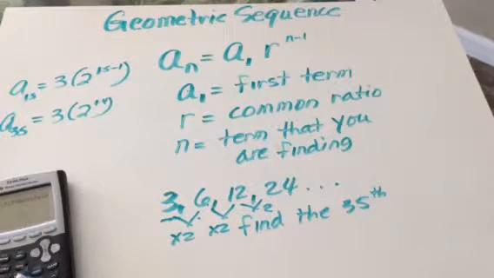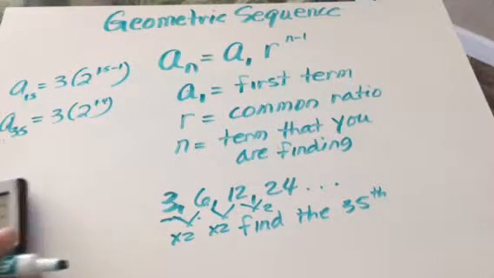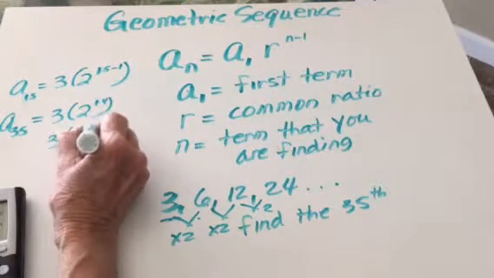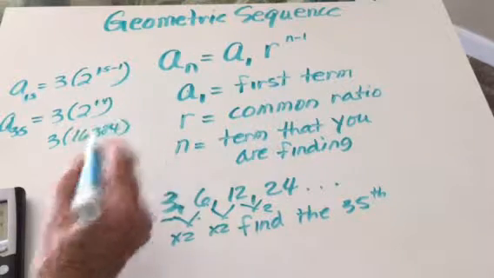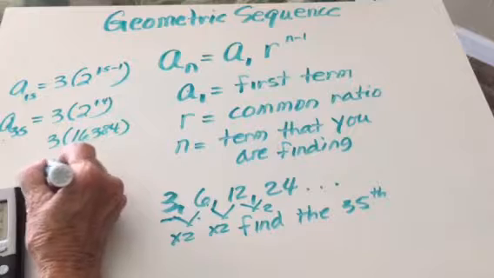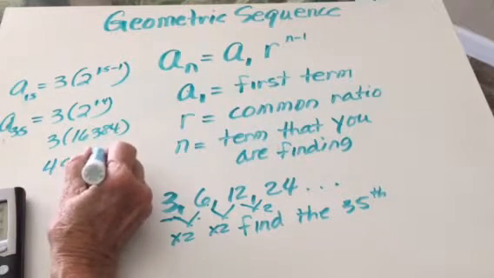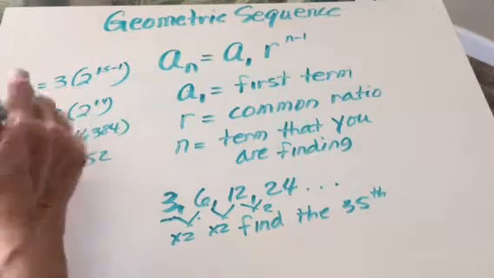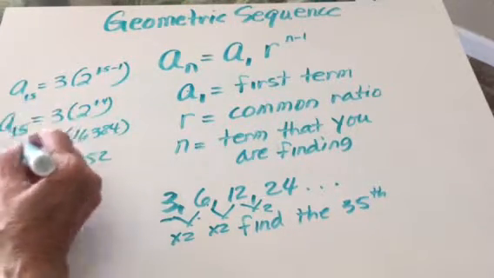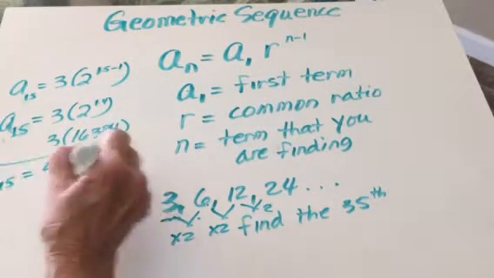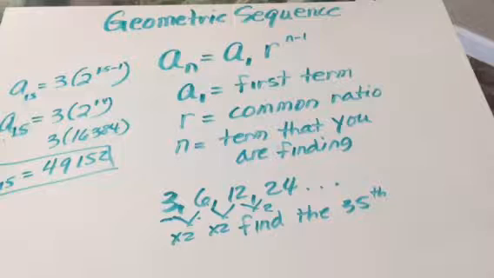2 to the 14th power equals 16,384. Times 3 equals 49,152. So the 15th term, a sub 15, equals this huge number that you'd never want to play games with doing it by hand.